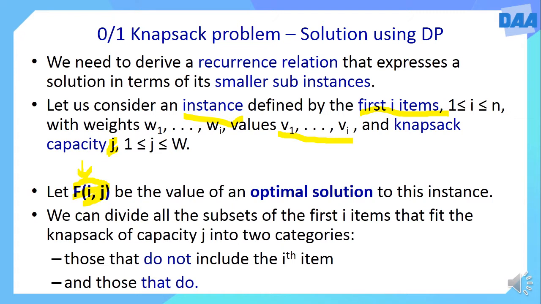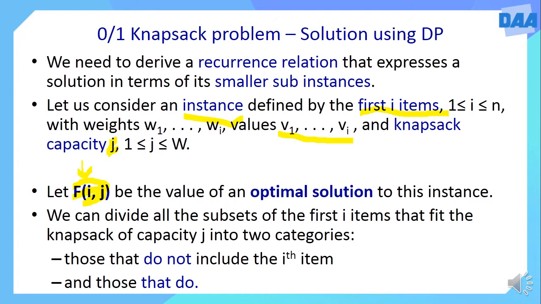We can divide all the subsets of the first i items that fit into the knapsack with capacity j into two categories. So f of i,j is obtained by considering the ith item. Two cases arise whenever we take the decision for the ith item.